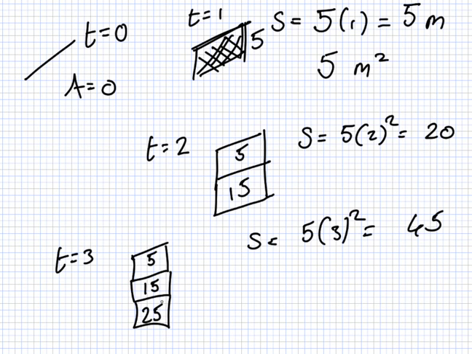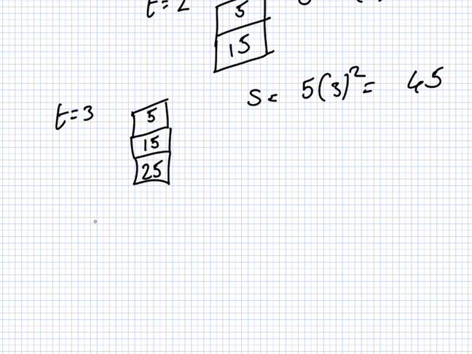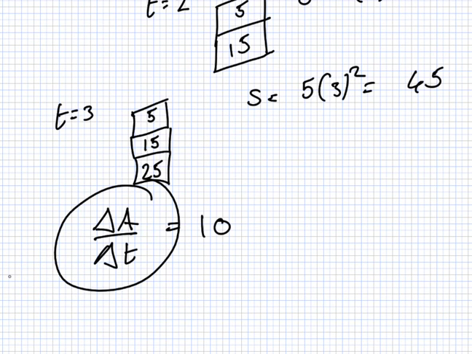So how much area do I get per second here? 10. I get an extra 10 meters squared per second. So I could say that the change in area per second is 10. That's how much area I get per second. That's another meaning of it.